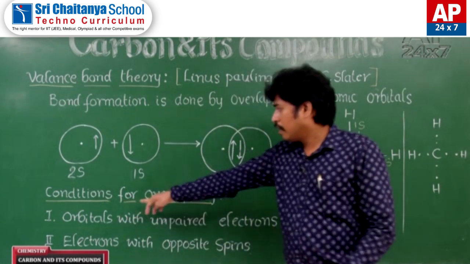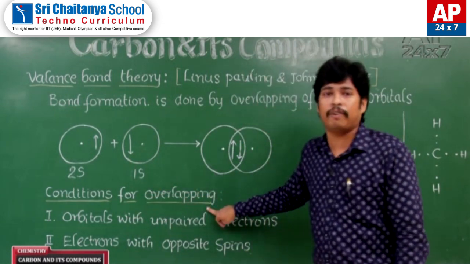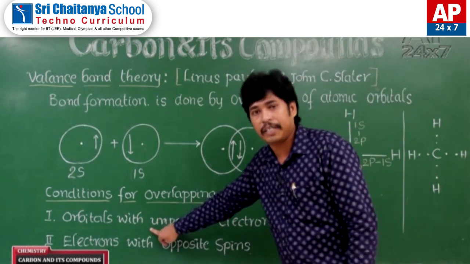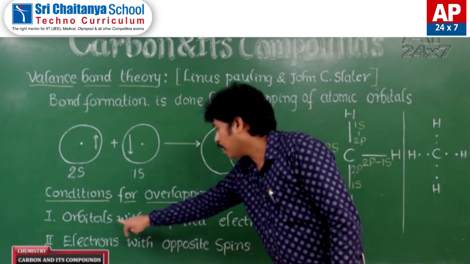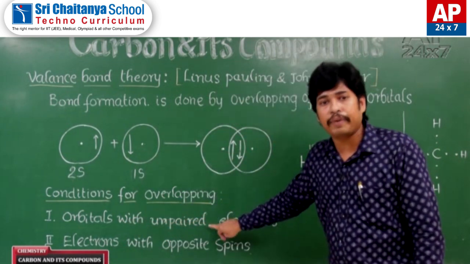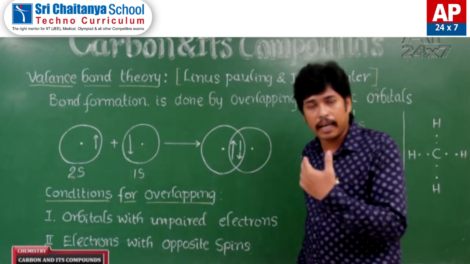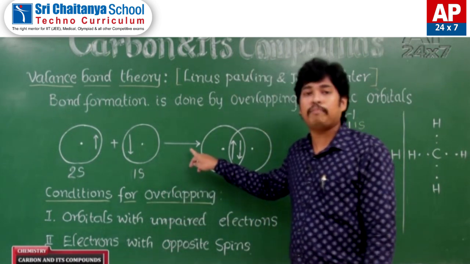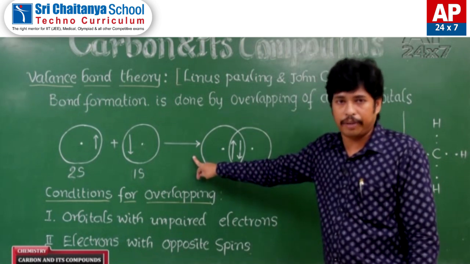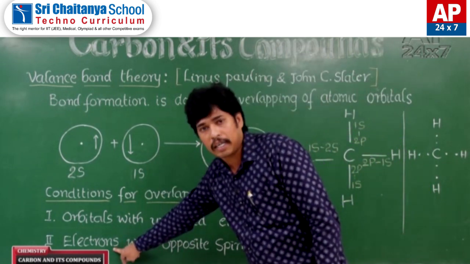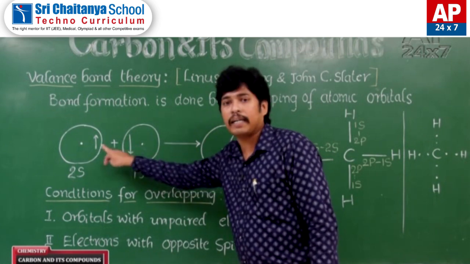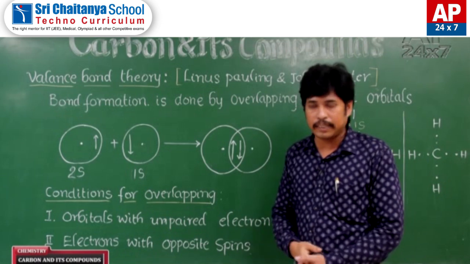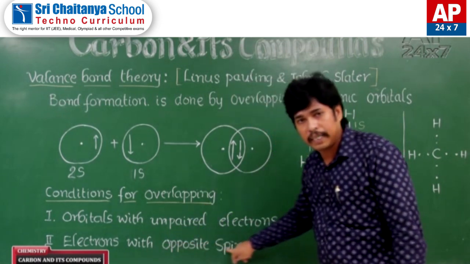These are the conditions essential for the overlapping of atomic orbitals. The first important condition is that the atomic orbitals should have unpaired electrons. The overlapping atomic orbitals should have unpaired electrons, then only can the overlapping process be done in an effective manner. The second essential condition is that the unpaired electrons of different atomic orbitals involved in the overlapping process should have opposite spins.